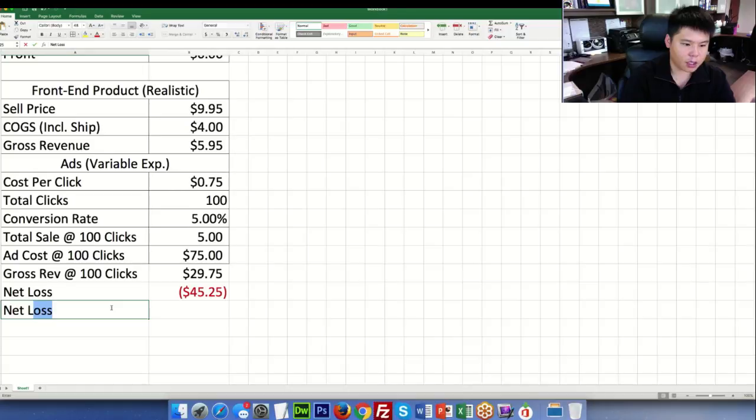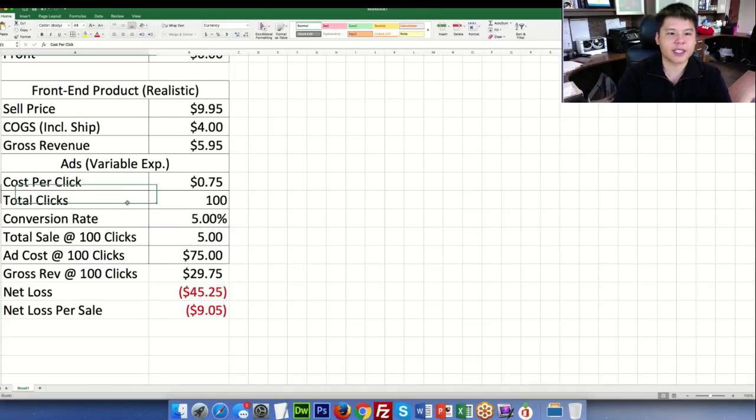And then net loss per sale will equal this divided by this, right? So what I've just done is that this is really the realistic number.